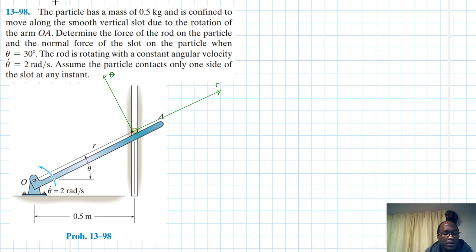Then we do have the weight. And then we have the force on the particle from the arm. It's perpendicular to the arm at that point. And then we do have the normal force.